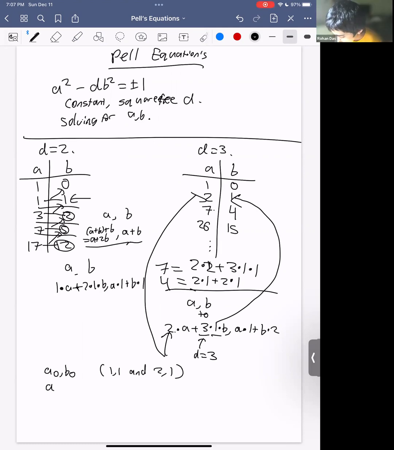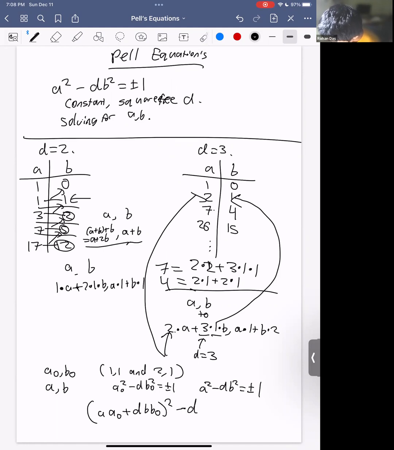Then for any solution a, b, so let's say we have a0 squared minus d b0 squared equals plus minus 1, it doesn't really matter which, like if it's 1 or negative 1, and a squared minus d b squared is also equal to plus minus 1, then what we're seeing here is that (a a0 plus d b b0) squared minus d times (a b0 plus a0 b) squared is equal to plus minus 1.